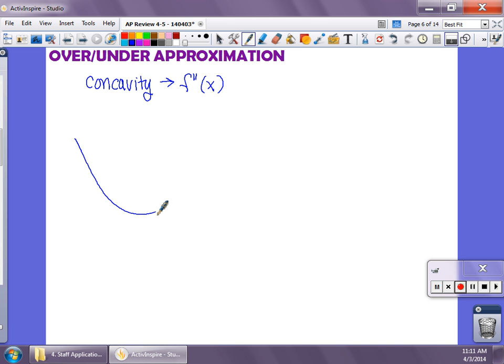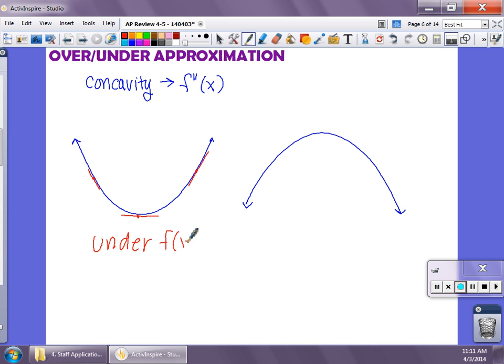So you should be able to draw a concave up graph, and you should be able to draw a concave down graph, and then just draw one tangent line. Doesn't matter where. It could be decreasing, could be increasing, doesn't matter where. But if you look at the tangent line, it is always under f of x, under the real values.